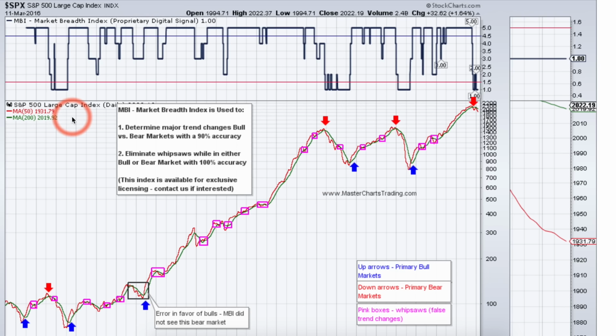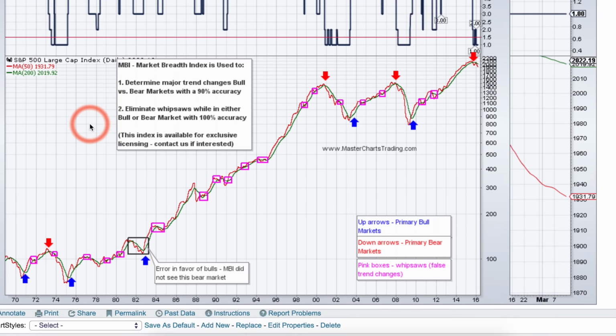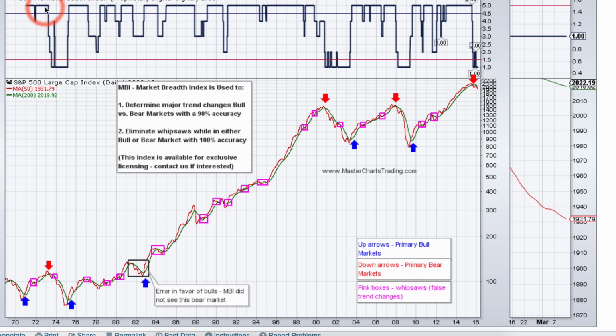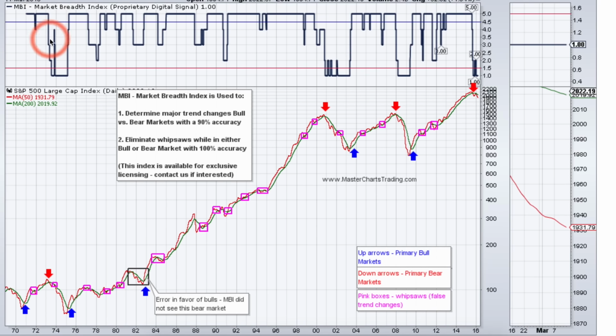Okay, so this is the S&P 500 index, going back all the way to the 1970s. I've shown this chart in the past. What I did is I removed the price itself and I left the 50-day and the 200-day moving average in place. Now, in the upper part of the chart, we have what's called MBI, Market Breadth Index.